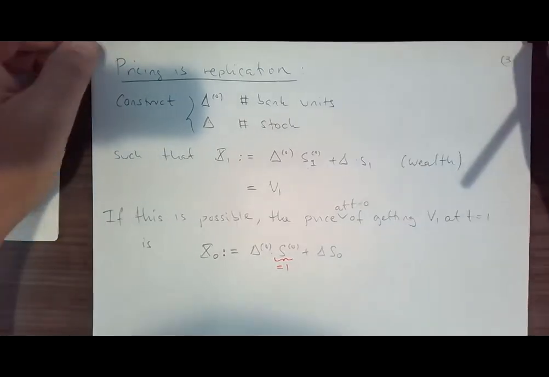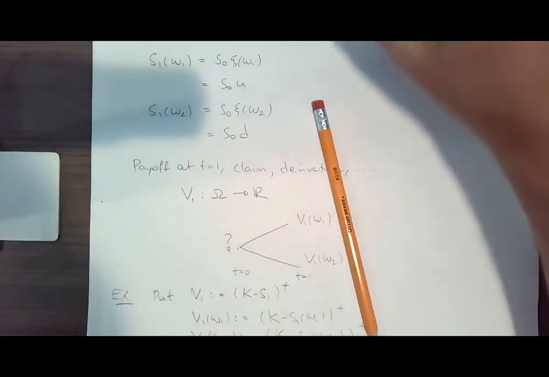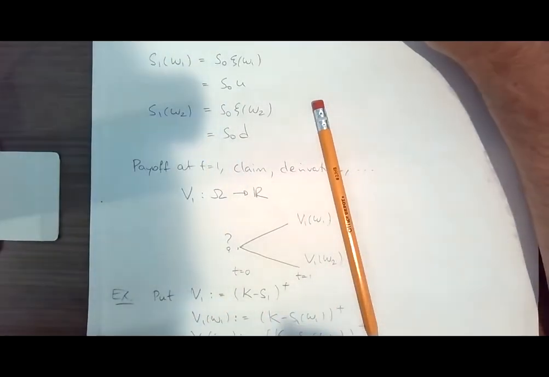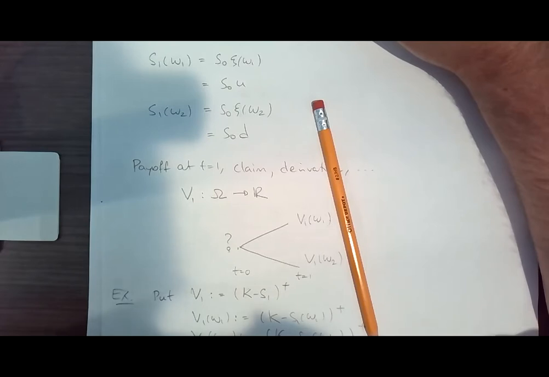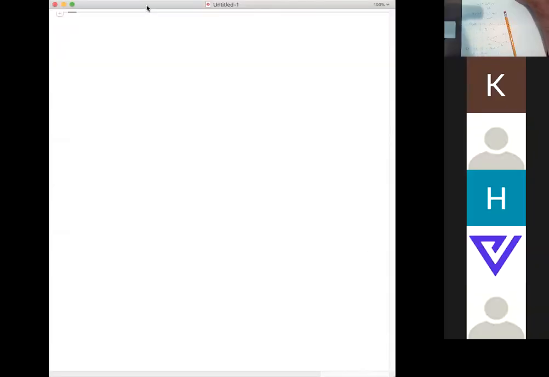So let me switch over to Mathematica and see if I can show you how to do this. I'm hoping we can all see Mathematica here. I'm interested in solving equations, so I'll have my delta naught here.